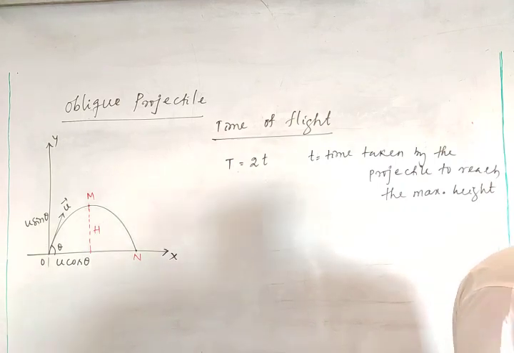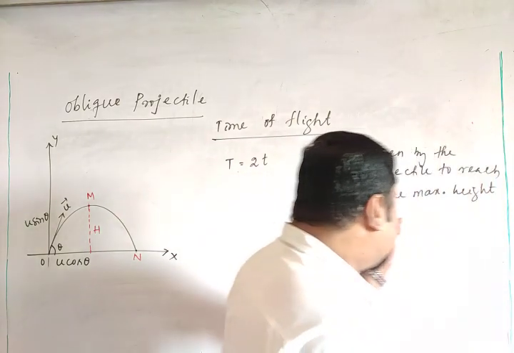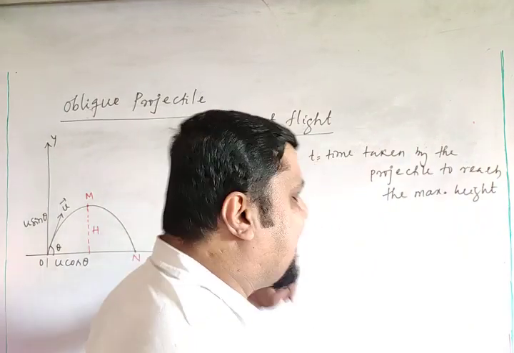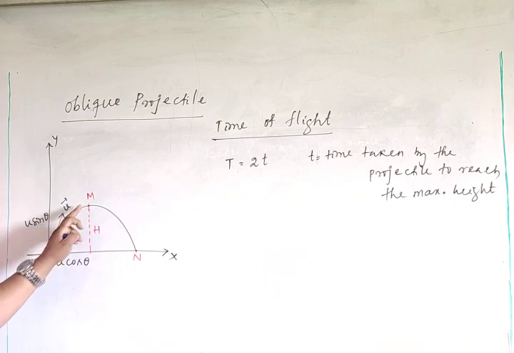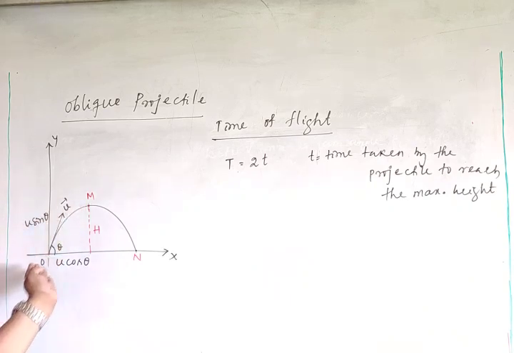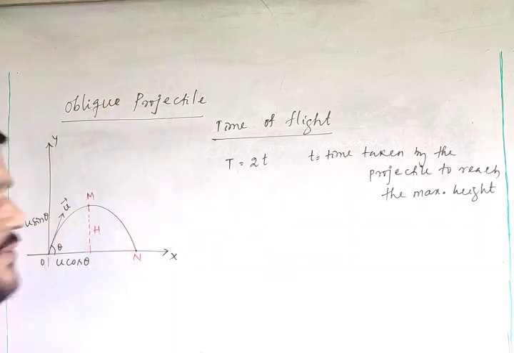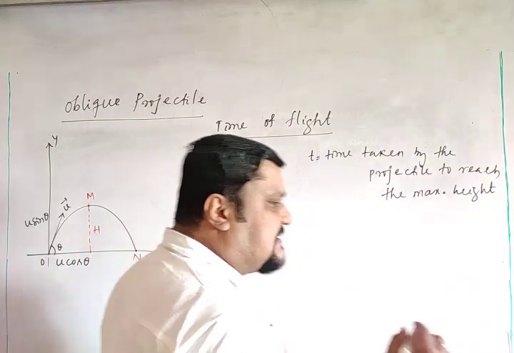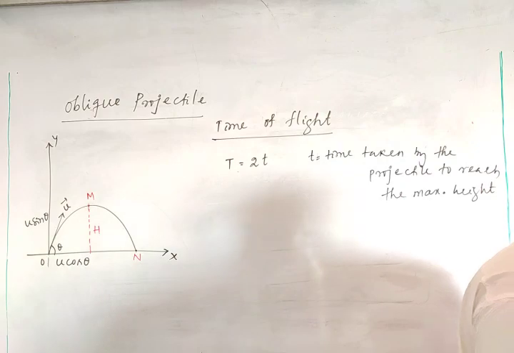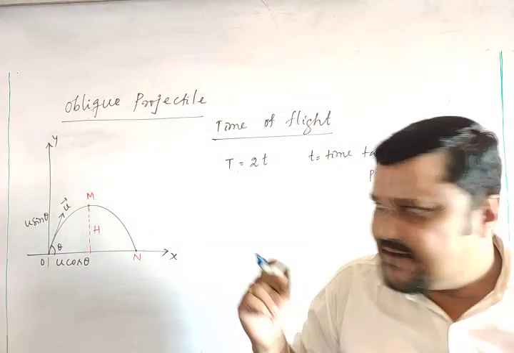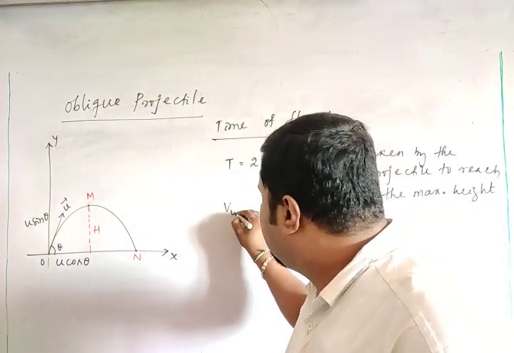Now to know the time taken to reach the maximum height, we are considering the path O to M, so we are considering the vertical motion. For this vertical motion, at the maximum height, what is the final velocity Vy?